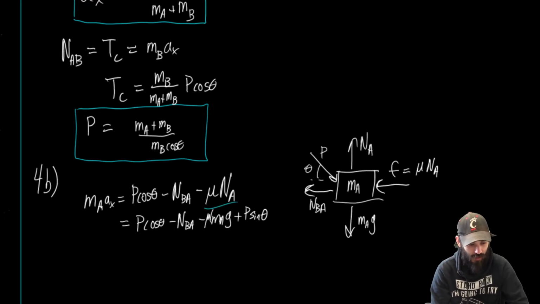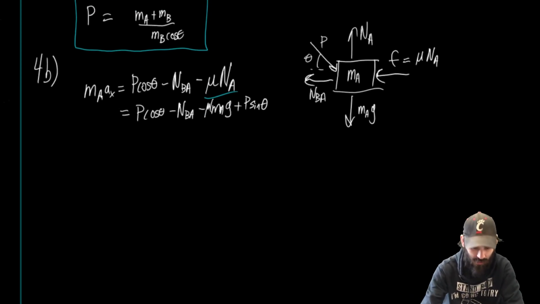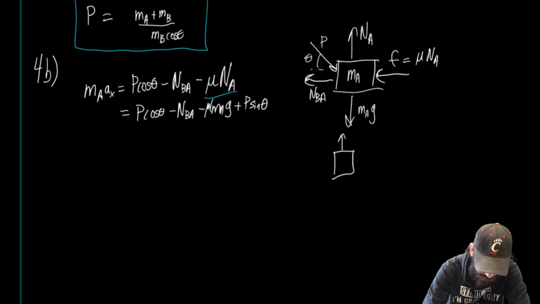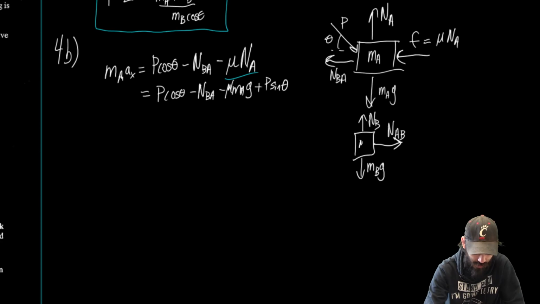Okay, the reason why we did this is because this is just going to modify our system of equations, and so just for completeness, let's draw the free body diagram for box B again. So this is going to be mB times g, and this is going to be NA acting on B. Okay, so this is mB.